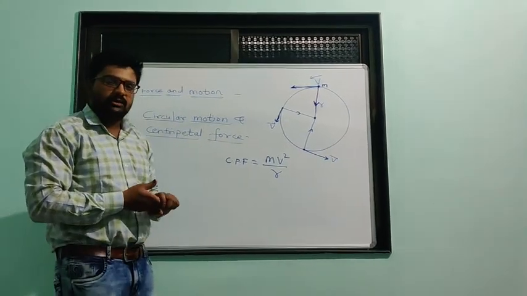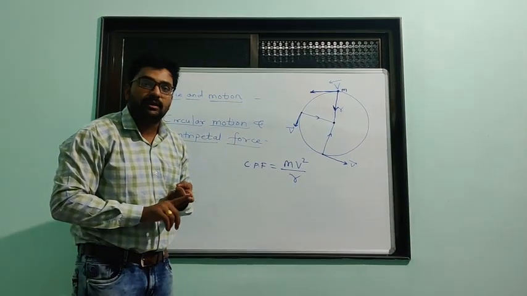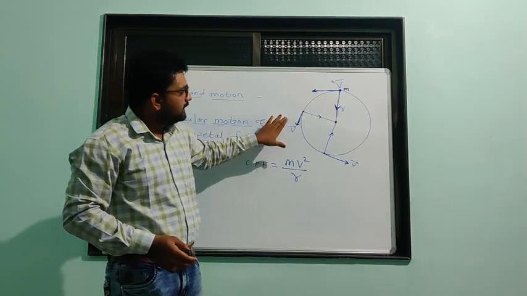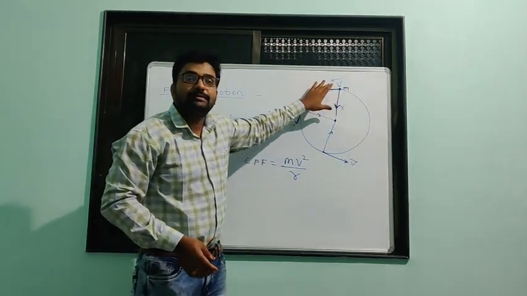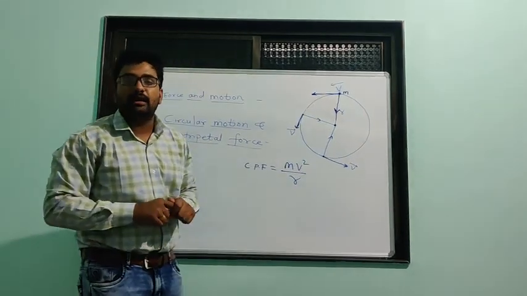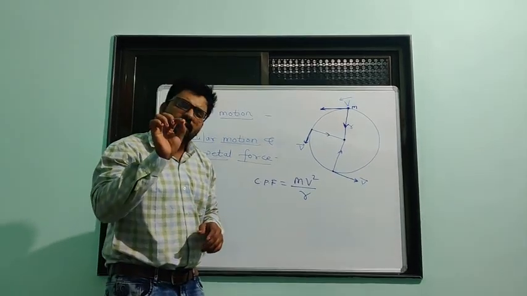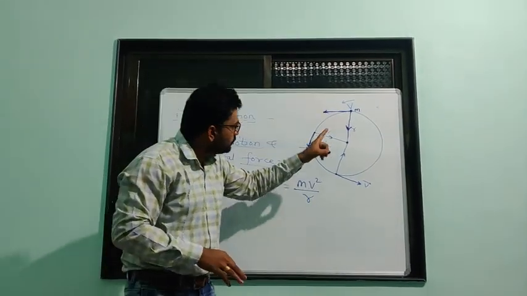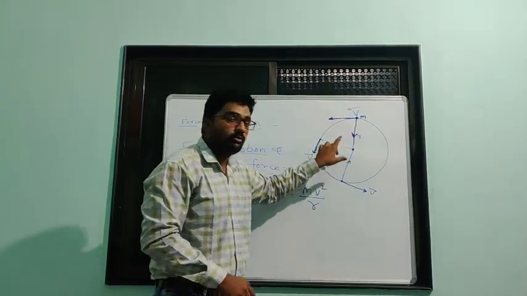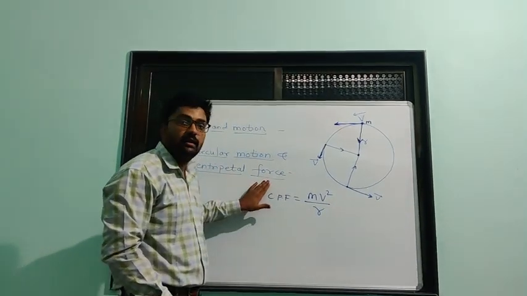In circular motion, we simply study the definition, which you must remember. Circular motion means motion of an object in a circular way, along the circumference of a circle. One force is always present in circular motion, and because of that force this circular motion is possible. That force is called the centripetal force.